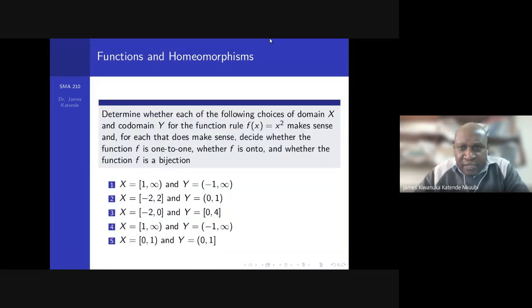So as a small exercise before we proceed, maybe you can try to do number 1 and 2. There's a small exercise here for you. Or maybe number 1 and 3. Do number 1 and 3, and give me your results. So I'll give you about 5 minutes to do that. The rest you can do later. So I want you to read this question and do number 1 and number 3.